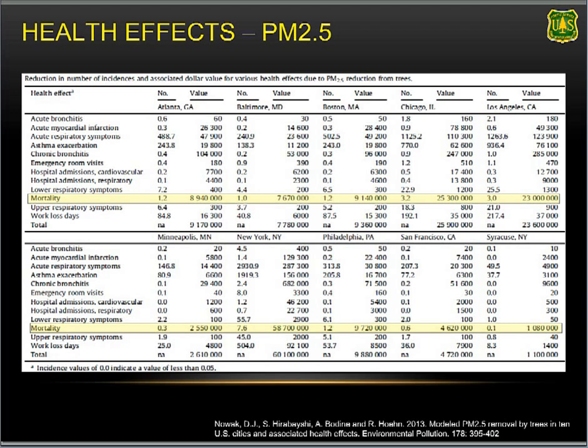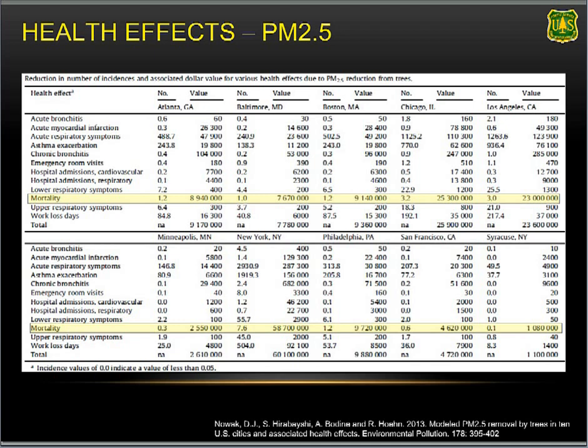What we did in this study was looked at the effect of trees on PM2.5 and then tied it to an EPA model called BENMAP, which looks at human health statistics and the lowering of incidences due to improved air quality and lowered concentrations. What we found, the biggest value is derived from reduced human mortality.